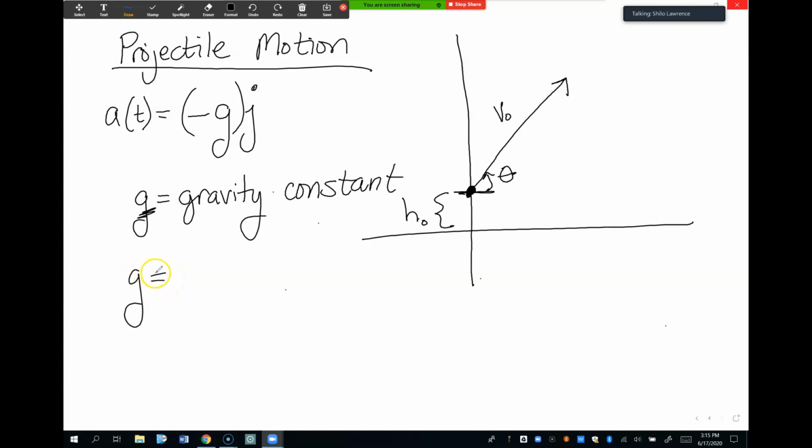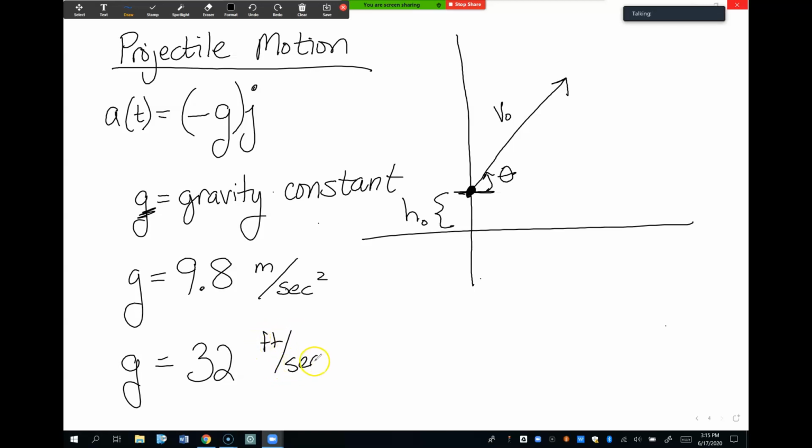If we are using the metric system, this is going to be 9.8 meters per second squared. If we are using the US system, this is going to be 32 feet per second squared. This is that g value there.